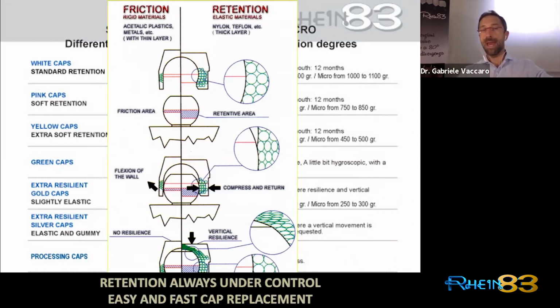And this is bad for the root because all the stresses are transferred to the root directly, and especially bad for the metal part, because after a while it can be worn out very easily. You lose a lot of material, and it's more difficult to change the metal part than to change the plastic cap.